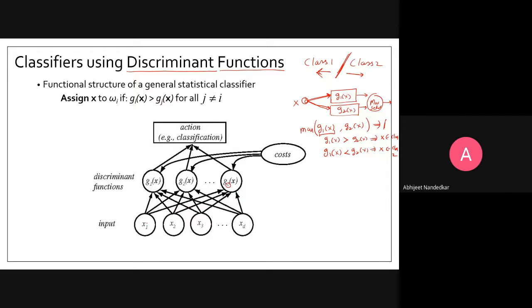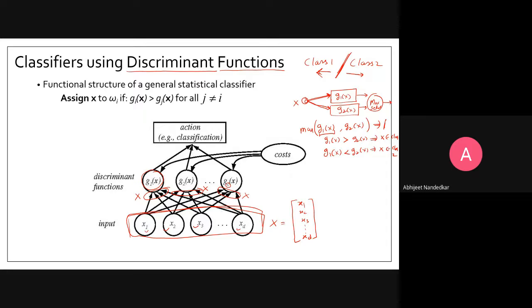The input feature vector x, this complete thing is x, and these are the individual elements in x. So I can write x as a vector like this: x1, x2, x3, and so on up to xd. These connections shown here are the input nodes of this system. For g1x I am receiving the complete x, for the second also I am receiving the complete x, and for the rest also.